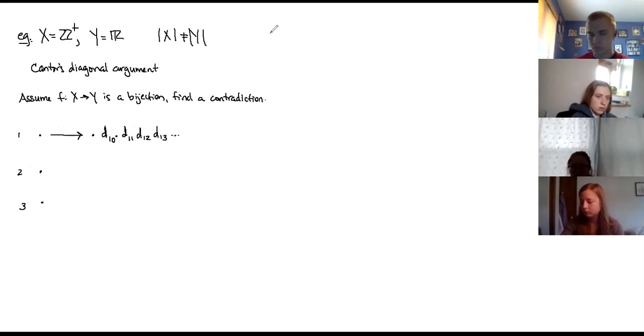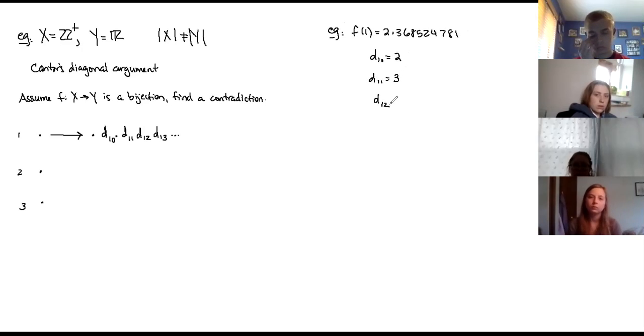For example, if we had f of 1 equaling, I don't know, 2.368524781, etc. Then this would be D10 equals 2, D11 equals 3, D12 equals 6. We'll do one more. D13 equals 8, etc.